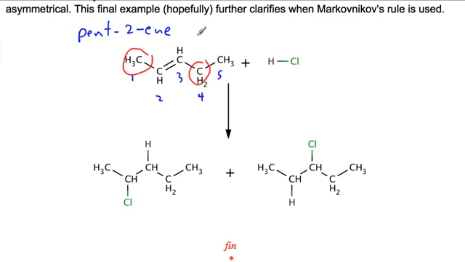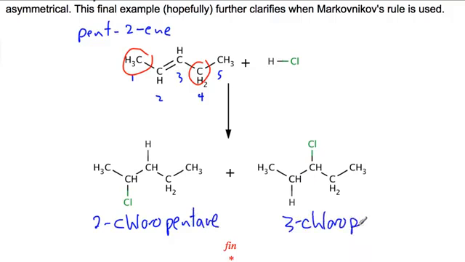So we're going to get two products here because of our HCl, but which one predominates? And so there are two possible products. What we end up with is 2-chloropentane or 3-chloropentane.